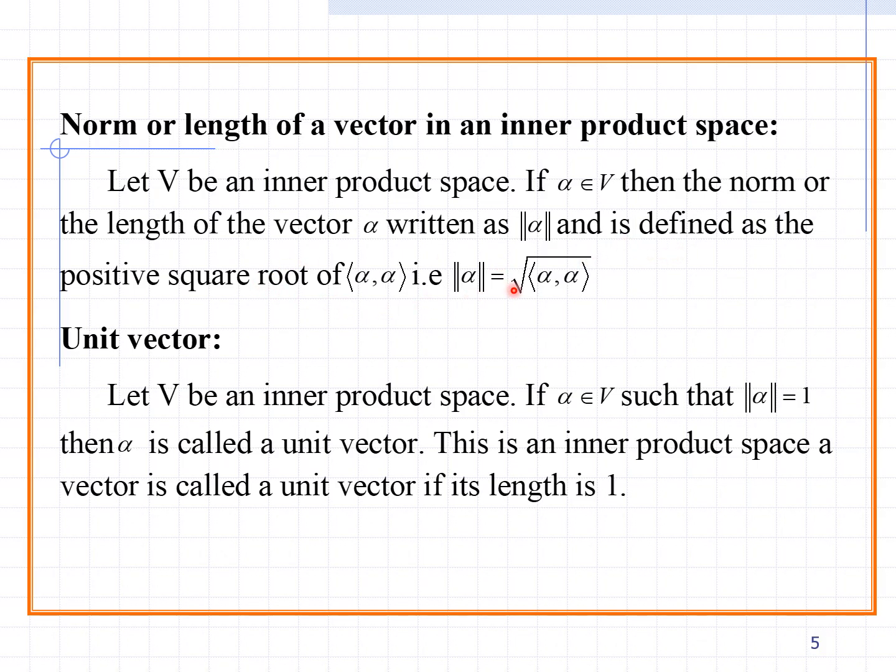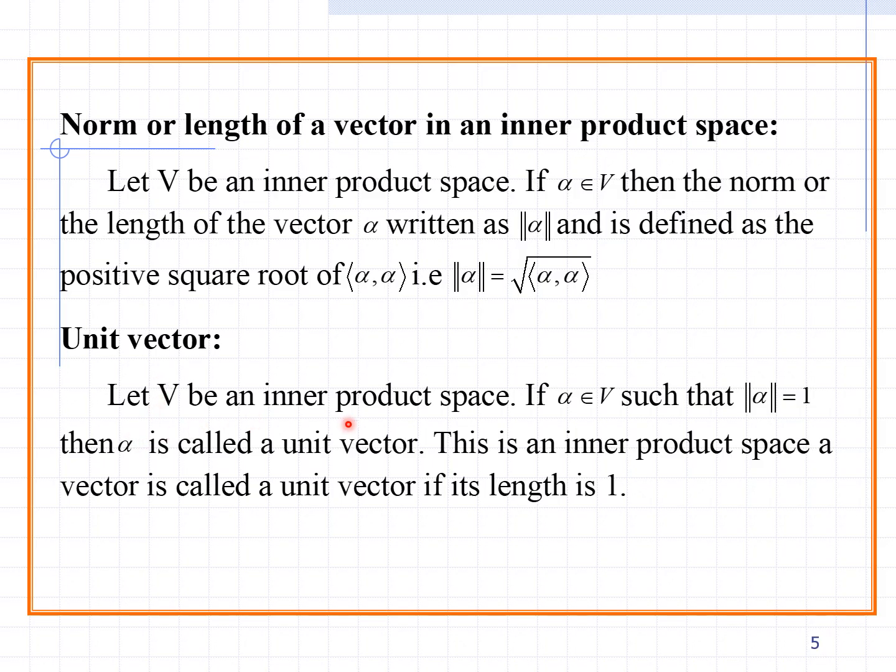That is, norm alpha equals root over inner product of alpha comma alpha. It means the norm is root over first term squared plus second term squared plus third term squared. Now the same pattern here also. Let us see the unit vector. Every unit vector has norm equal to 1.